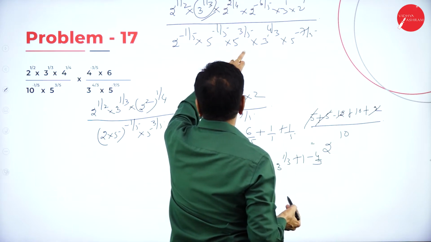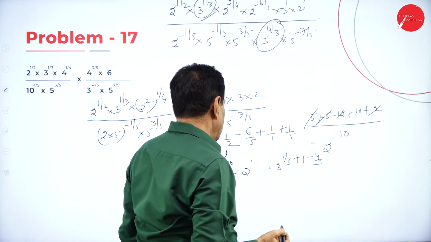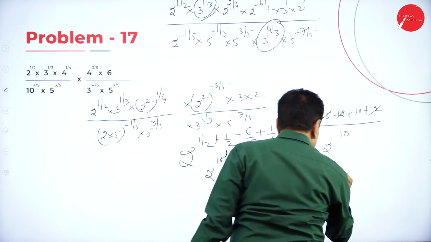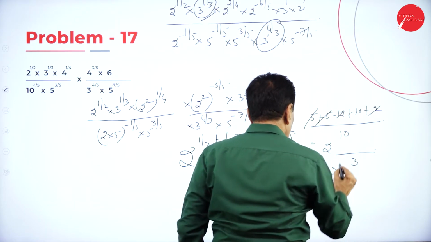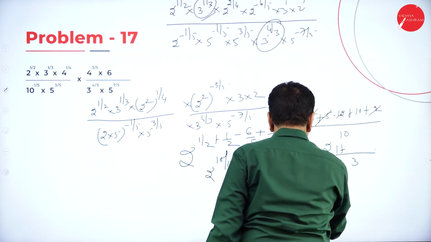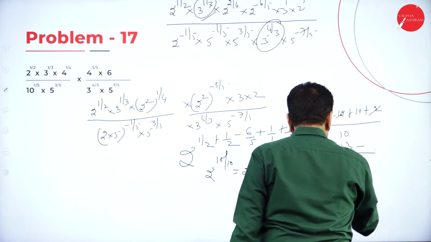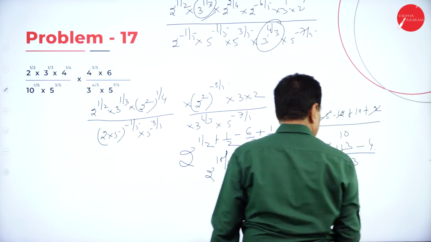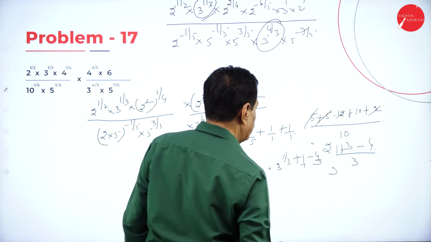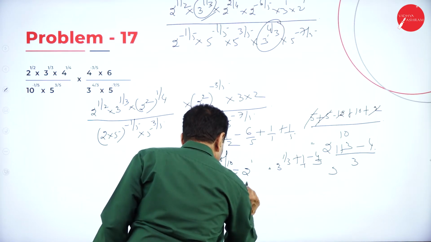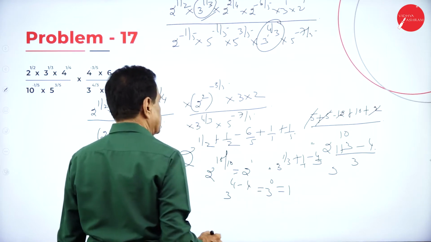Here, 3 to the power of 4 by 3. So, if we take the 3 as a common, 3 ones are 1, 1 threes are 3, 3 ones are 1, 1 fours are 4. This is 3 to the power of 4 minus 4. 3 to the power of 0 is 1.